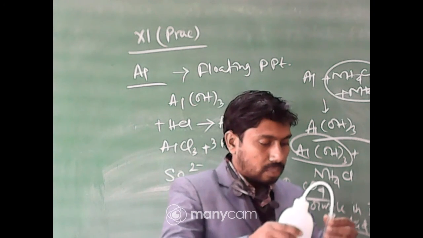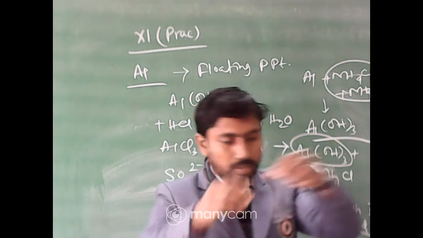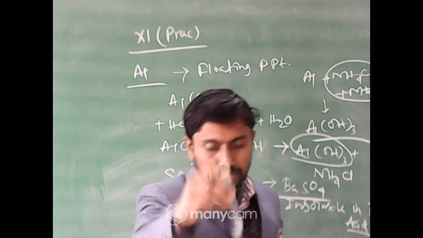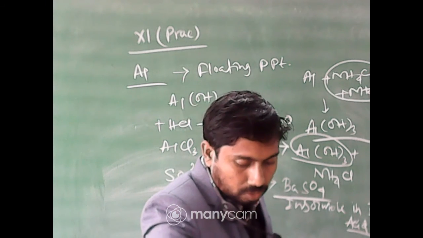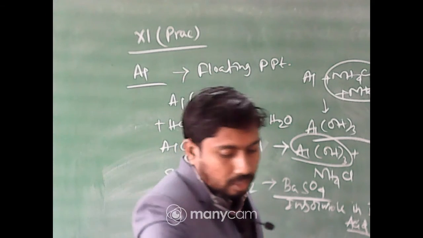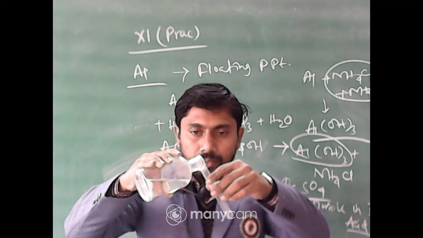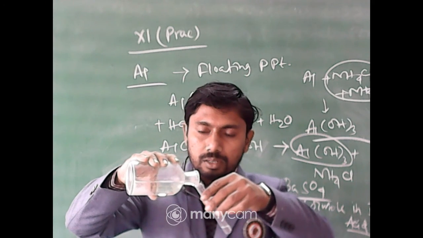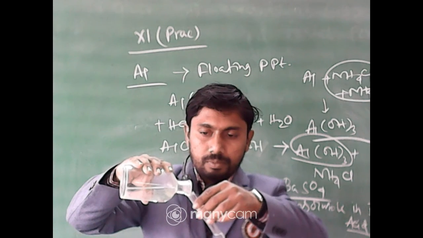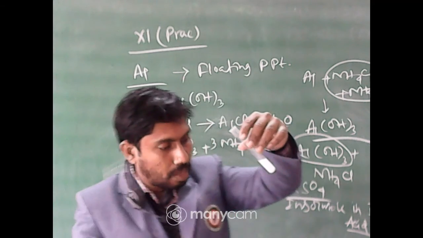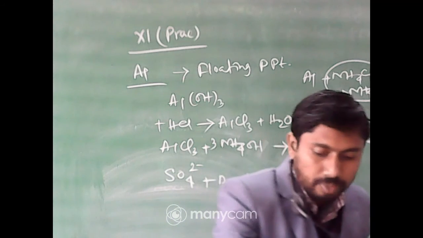So, test for sulfate. Solid sample, then water, and then I will add barium chloride solution. Barium chloride is a lab reagent found in the bottle. On adding barium chloride, a heavy white PPT comes, and it does not dissolve in dilute acid.